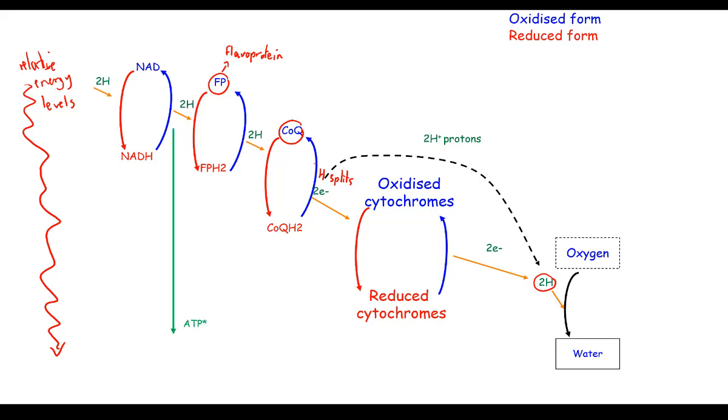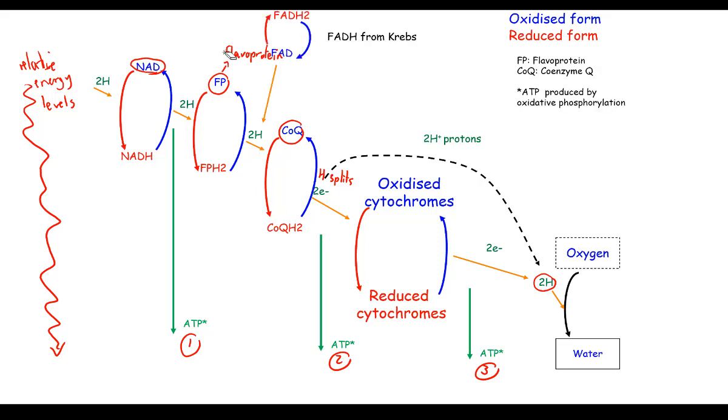Now that energy can be used to make ATP at 3 positions. Now, it's only 3 positions if the hydrogen has been carried there by the NAD. So the NAD comes along with its hydrogens and passes them along, and that has led to enough energy being released so that 1, 2, 3 molecules of ATP can be synthesized from each NAD.